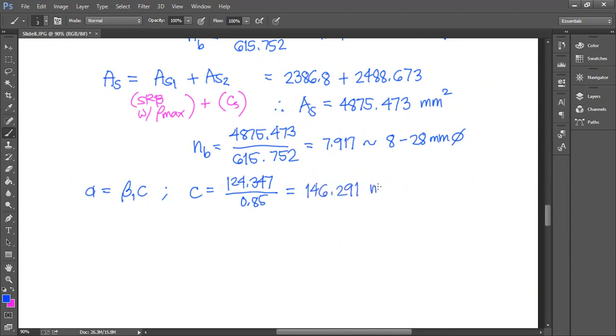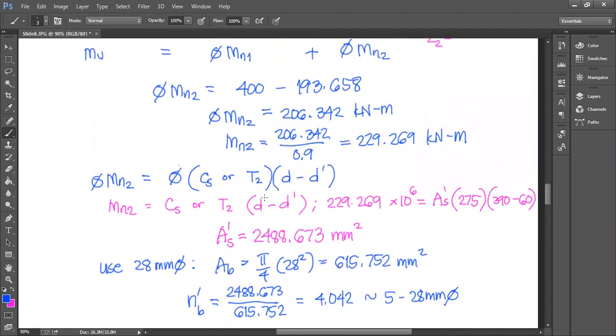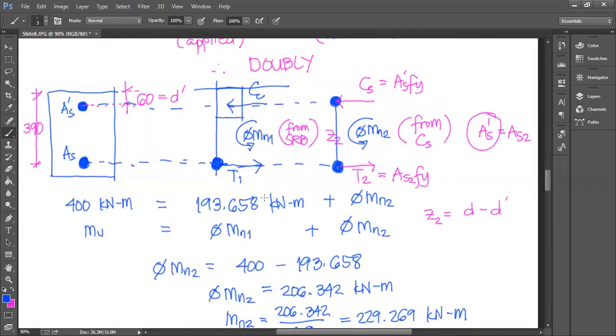291 millimeters. Sir, question, bakit hindi na tayo nag-solve ng panibagong value ng A? Di ba po mali yung assumption natin na singly? Okay. Kung analysis yung case natin, definitely, ganun yung magiging approach natin. Pero since this is a design problem, hindi natin alam exactly kung ano ba yung mga reinforcements na involved.